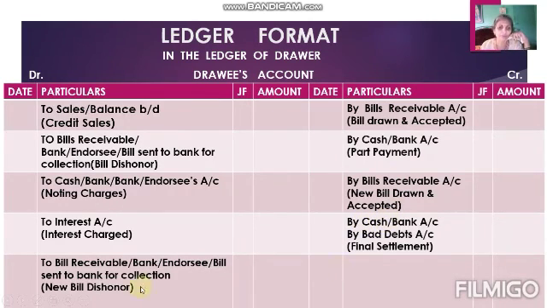For the rest of the entries there will be some effect in the ledger of drawer. How to understand this particular ledger in a very easy format, that I will tell you in the next video. Thank you.